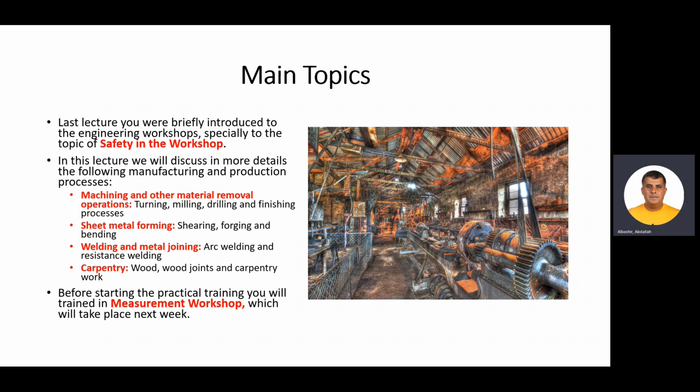You will find also a part related to the measurements, the vernier caliper and the micrometer, which also was done in the workshop practically as an exercise. In this lecture, we will discuss the four workshops that we will cover starting this week.